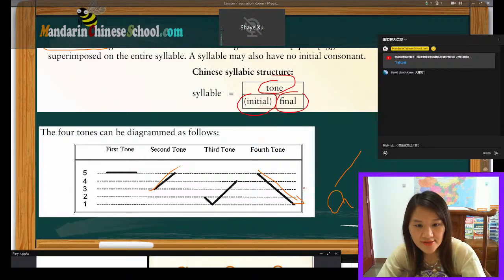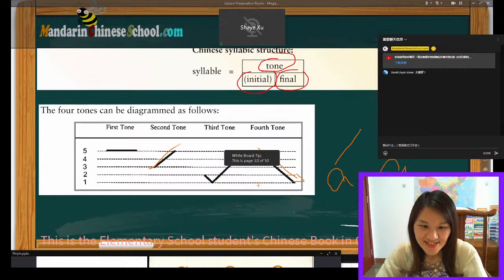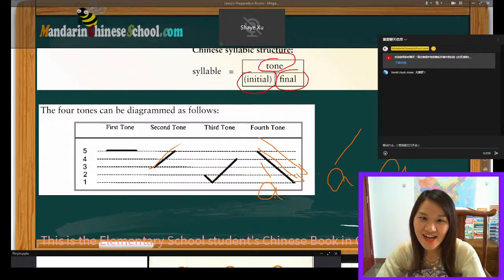And the fourth tone is a straight falling tone. It goes down. So just like a person is driving a car going down the road, and the car is out of control, the people inside will scream, ah, ah, ah.